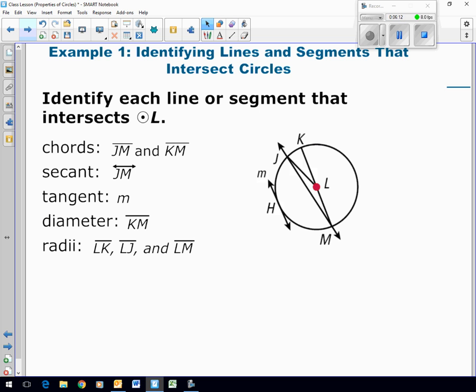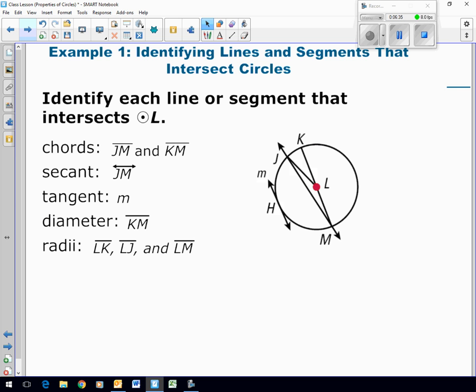You'd have to create points to get a chord, but you would have line L as a secant. This is the one that you need to remember: line segment is for chords, lines are for secants. Everybody with me? All right. Notice something about KM.